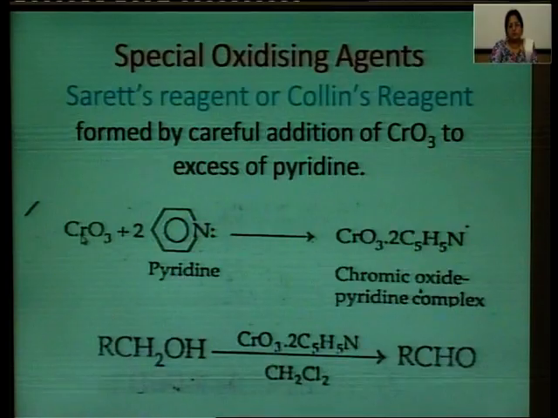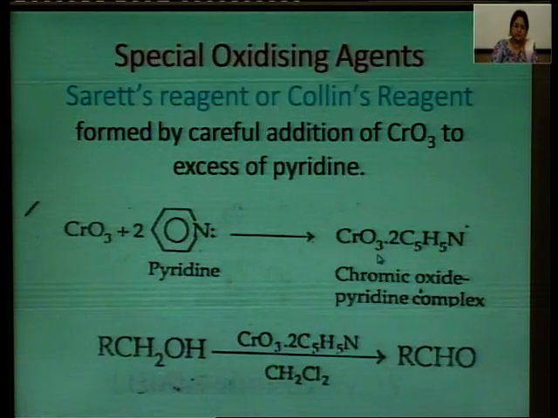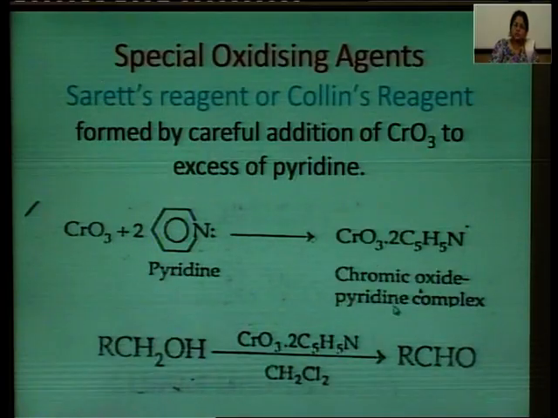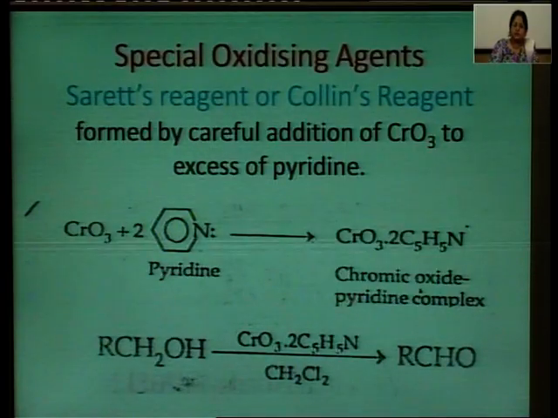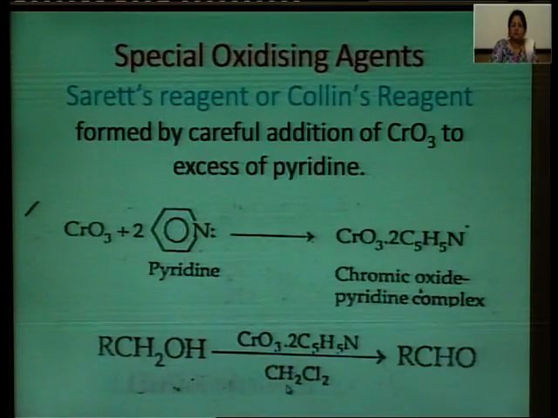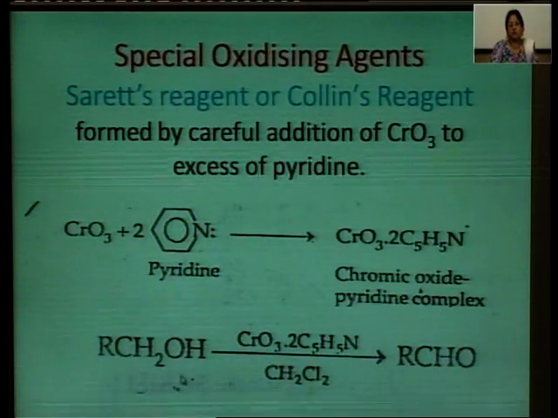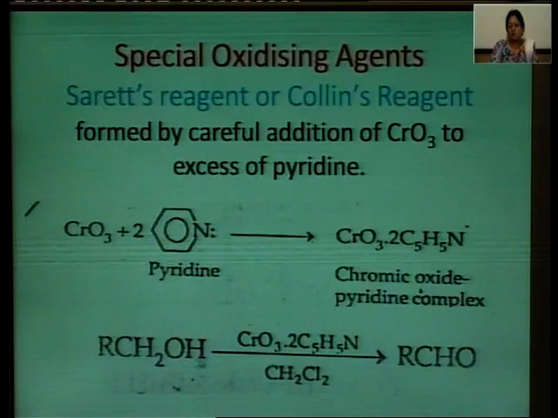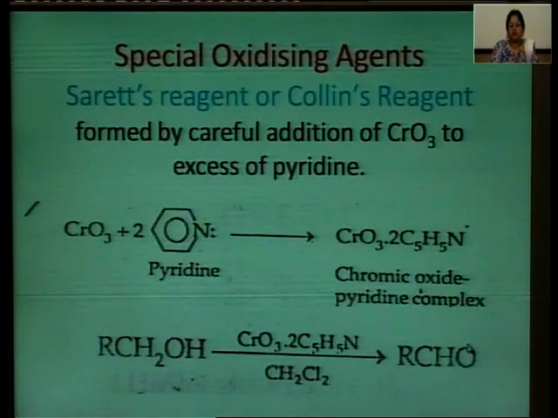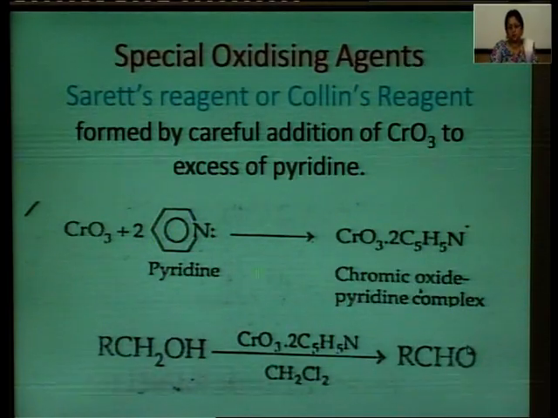So, chromium trioxide reacts with 2 moles of pyridine and forms Sarett's reagent, that is the chromic oxide pyridine complex. This complex in the presence of dichloromethane is used for the oxidation of alcohols to the corresponding aldehydes. This method has the advantage that the aldehydes formed are not further oxidized to carboxylic acids.